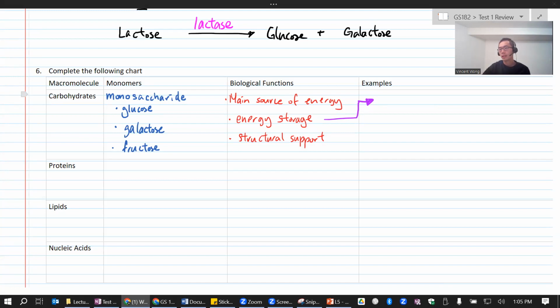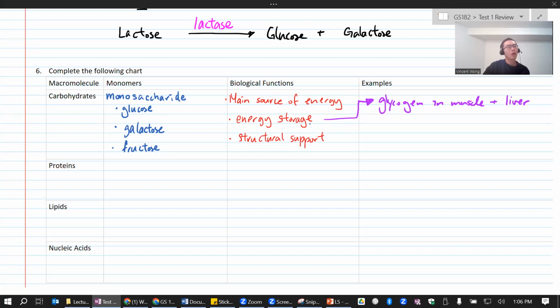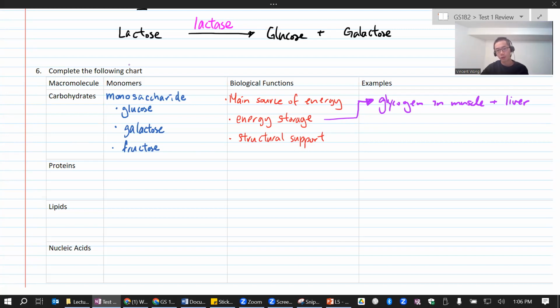Glycogen is a good one. In muscle and liver. Not glucose, right? Not fructose. Those are simple sugars. We just burn them right away, right? Those are for immediate usage, not for storage.